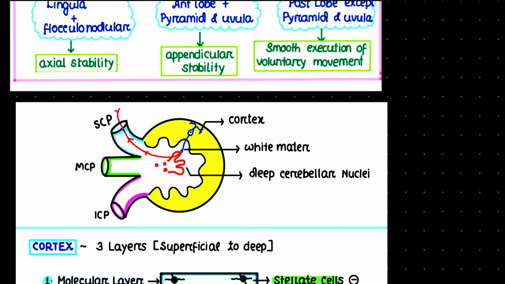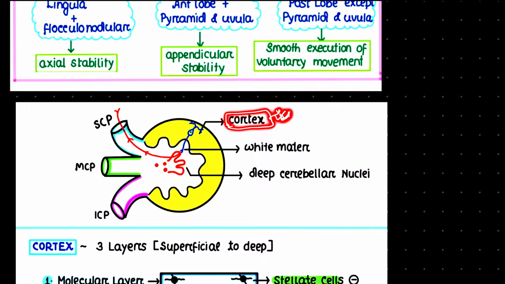The outer region, which consists of gray matter, is called the cerebellar cortex. The cortex consists of different types of cells within different layers, which we'll be discussing later on.